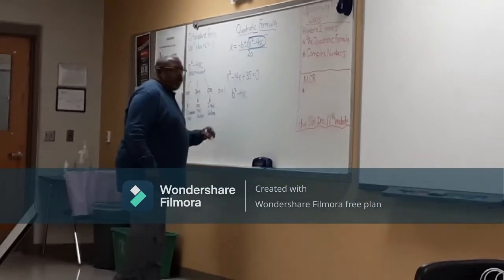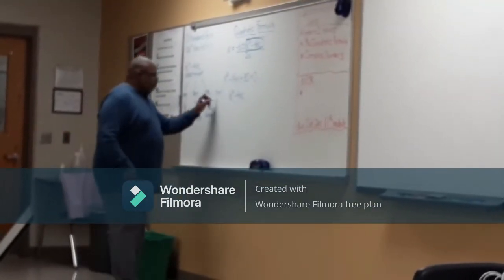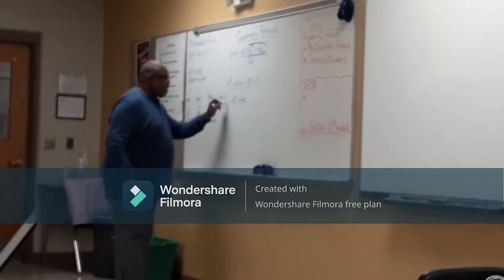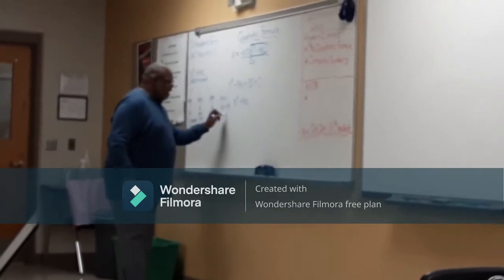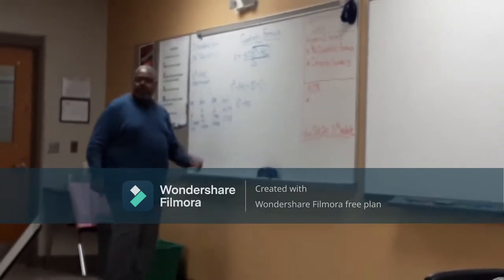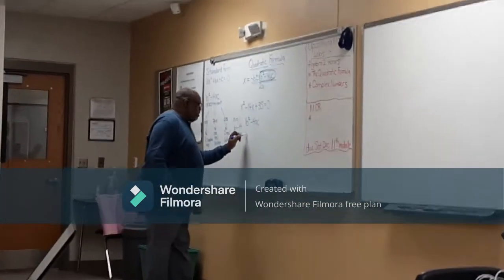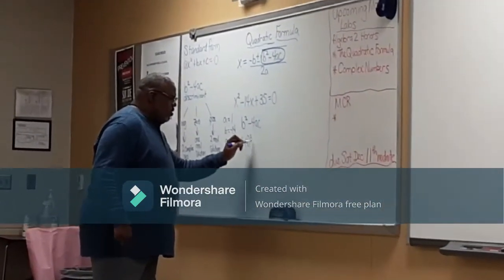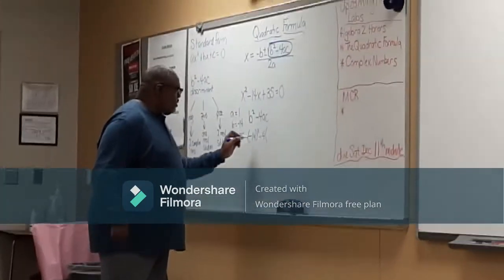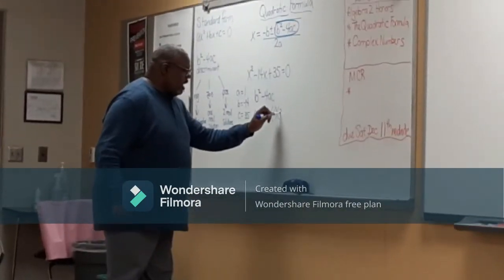A is 1, B is negative 14, and C is 35. Just plug it in. So I have negative 14 squared minus 4 times 1 times 35.